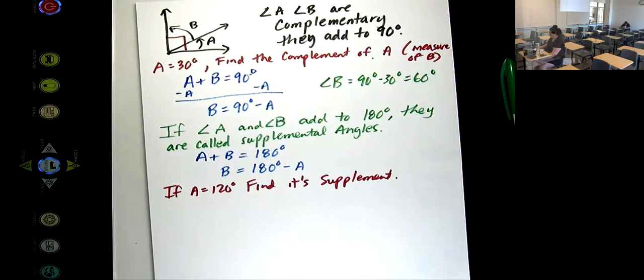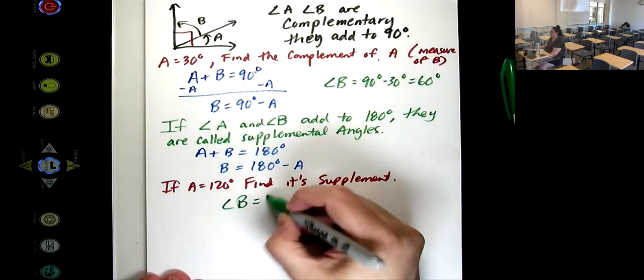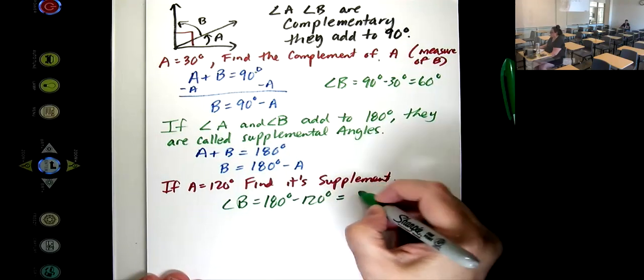We would do B equals 180 degrees minus 120 degrees equals 60 degrees.